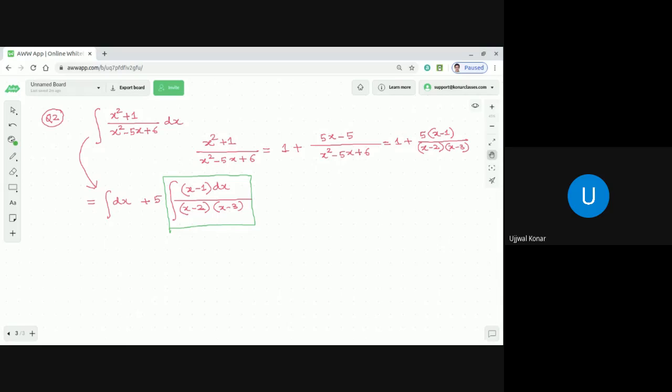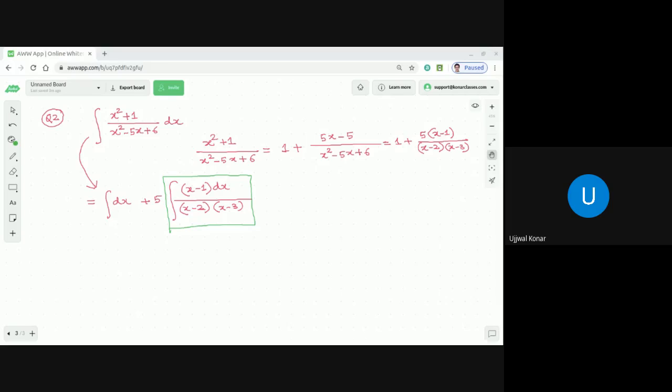Got it? What is the partial fraction representation? I got 5 integration of 1 by (x minus 3) dx minus 5 integration of 1 by (x minus 2). So you perform the integration. What is the value you got?